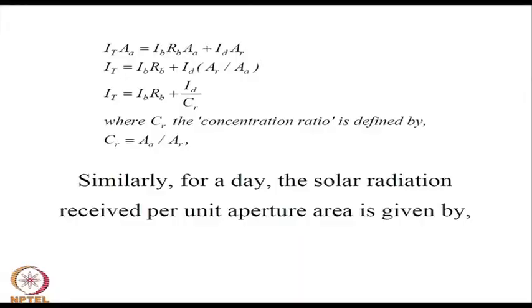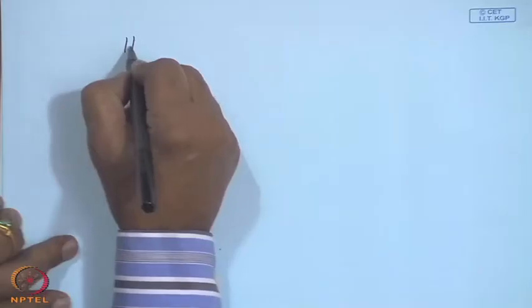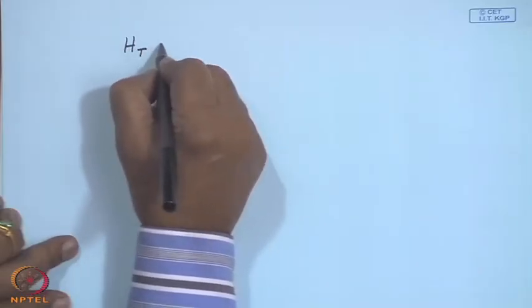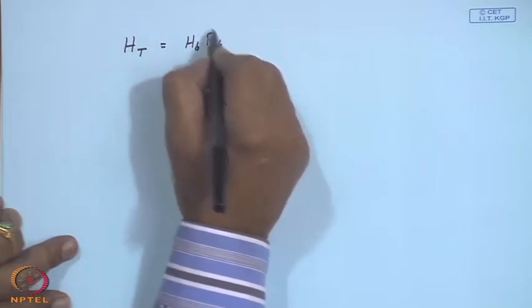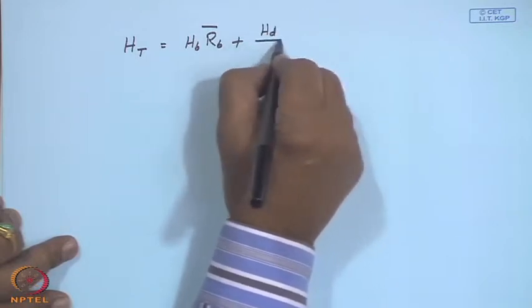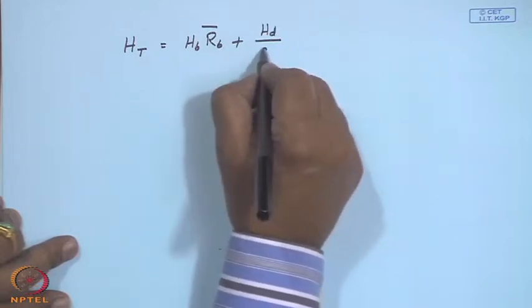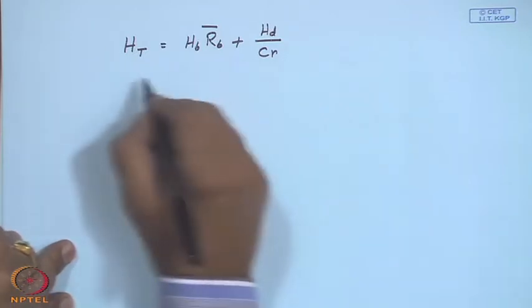Similarly, for a day, you can sum up and you will get, according to our notation, HT will be HB times RB bar plus a fraction due to the diffuse radiation caught by the receiver. Okay.